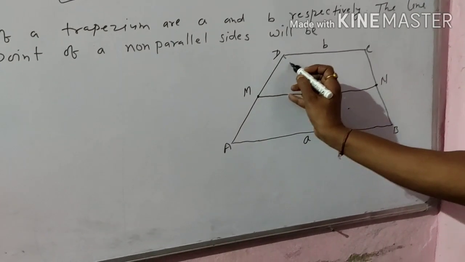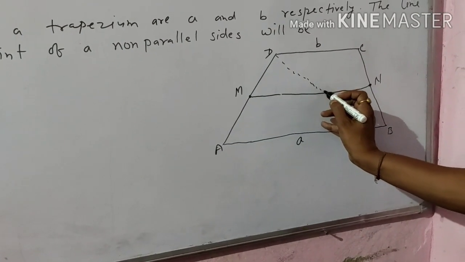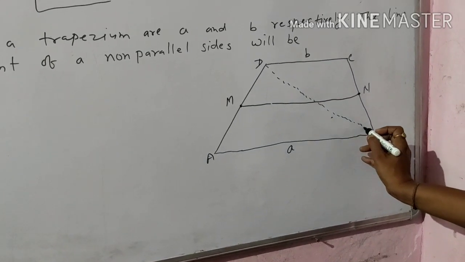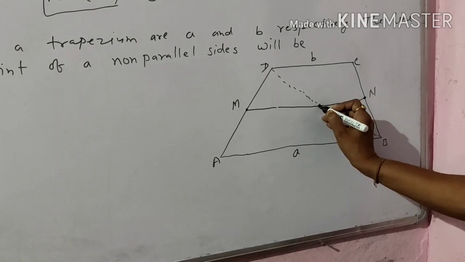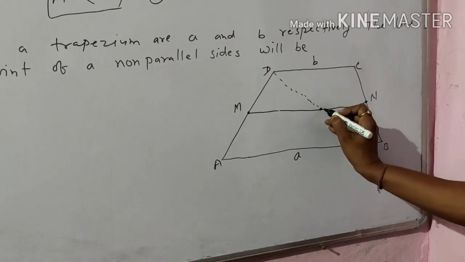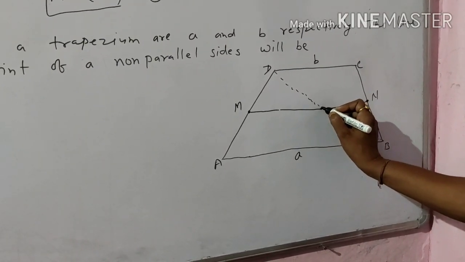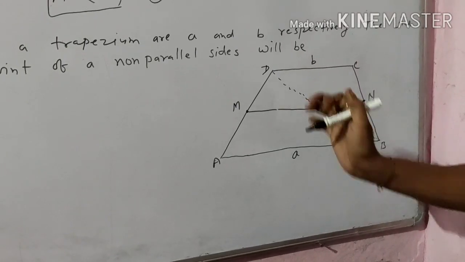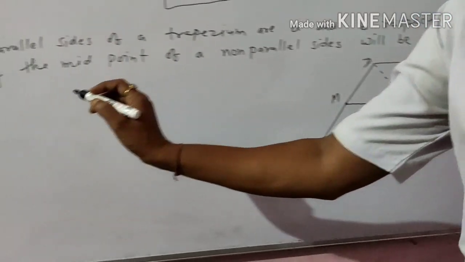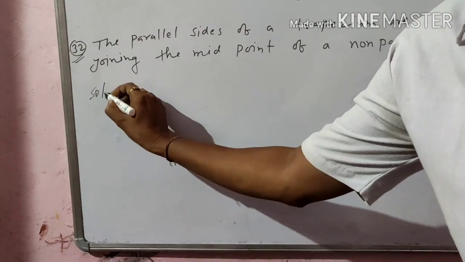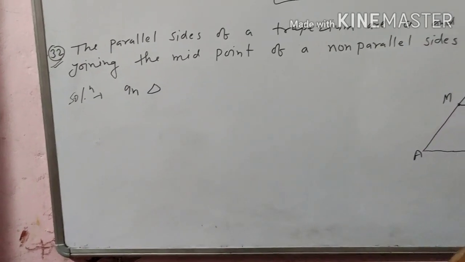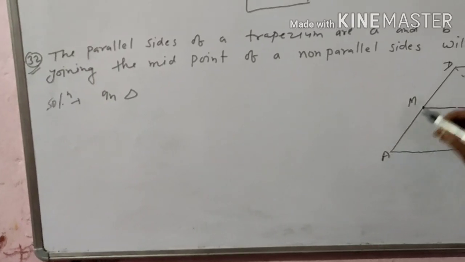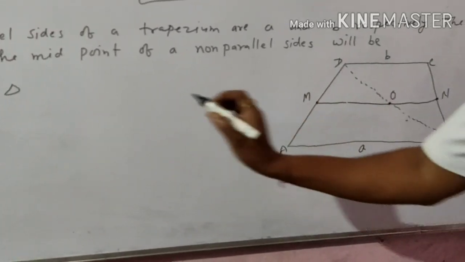So construct here, student. This question was already discussed in a previous example. Suppose this point is O. So student, take here in triangle ADB.